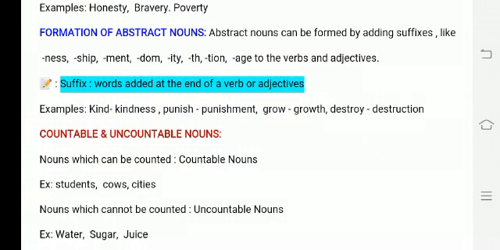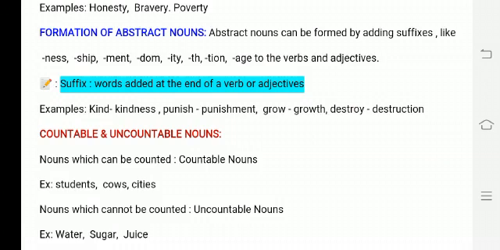So how do we form abstract nouns? Abstract nouns can be formed by adding suffixes like NESS, SHIP, MENT, DOM, ITY, TH, TION, AGE. If you add these suffixes to a verb or an adjective, we get an abstract noun.